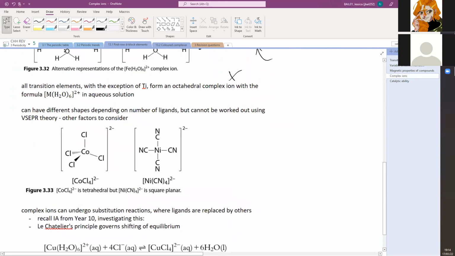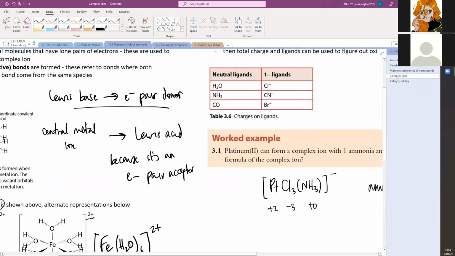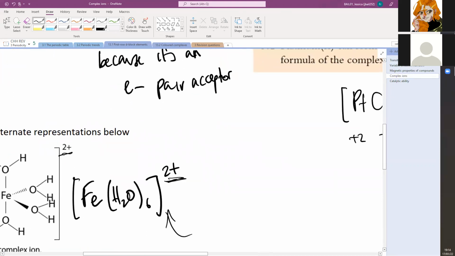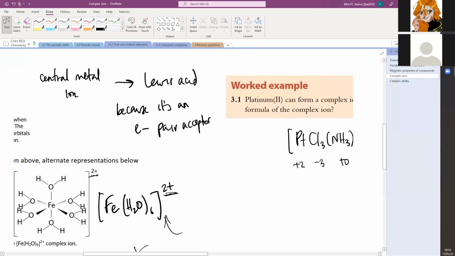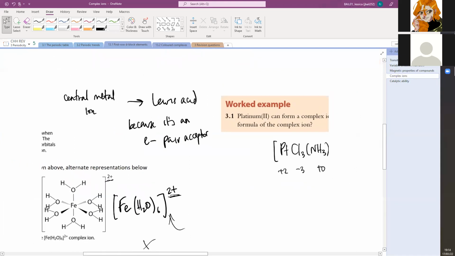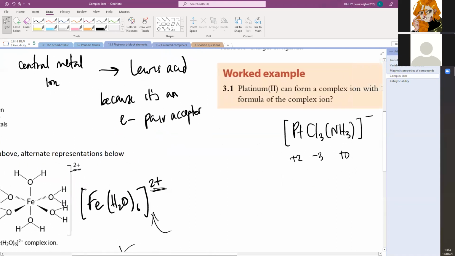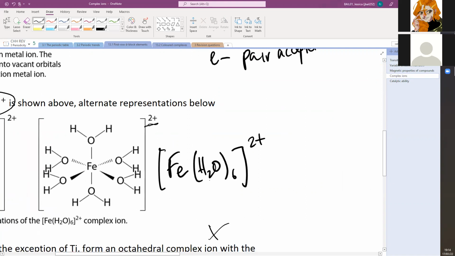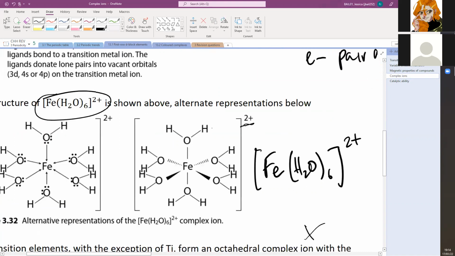The way of figuring out the charge on this thing is you'd have to first know the oxidation state of your central metal ion and then the charges of your ligands. So in this scenario, I would be able to figure out the oxidation number of iron because I know that water is neutral. So this has a zero charge.